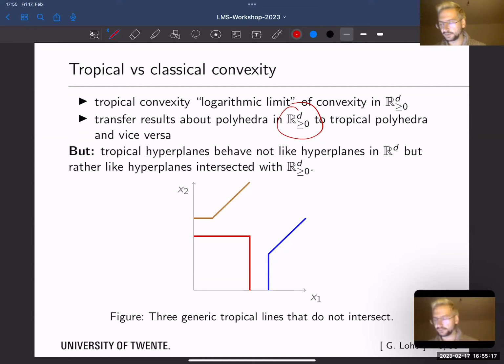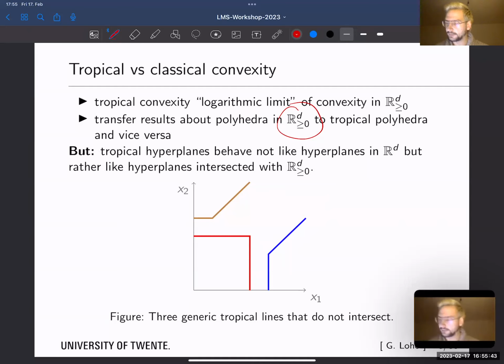But actually now if we look at the geometry itself, the tropical half spaces, which are usually considered as tropical half spaces, do not really behave like half spaces or hyperplanes in R to the D. So for example, if we look at this configuration in the plane, then let's say we have these 3 tropical hyperplanes.